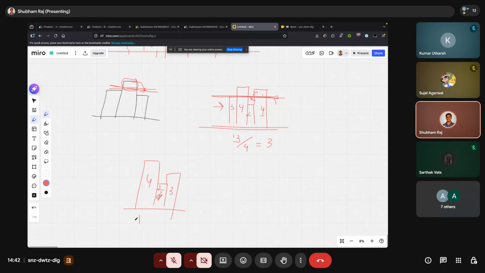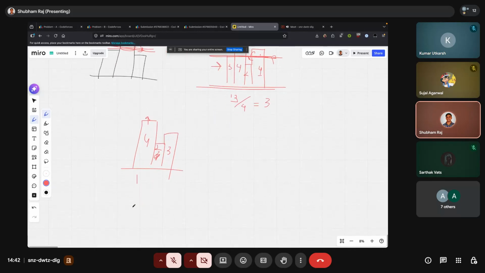So for the first index, what is the maximum height she can get? It is 4, because we can't increase the height of this section. We can decrease it, but we can't increase it. So the maximum height she can attain for the first index will be 4.